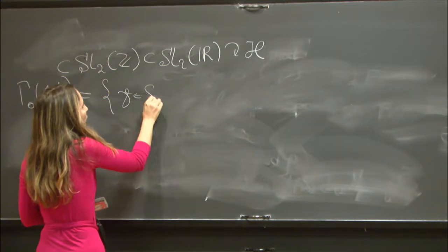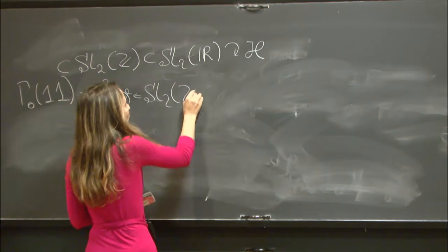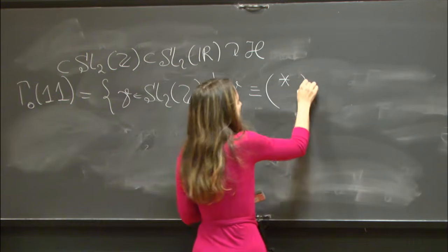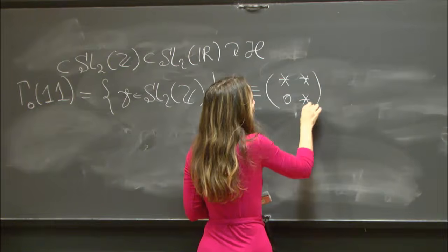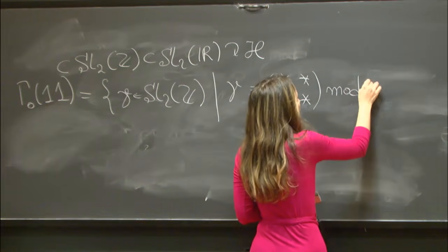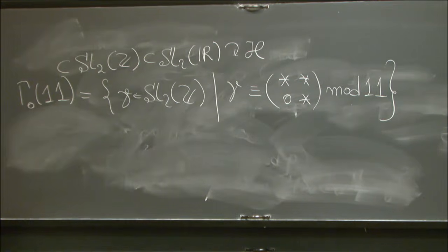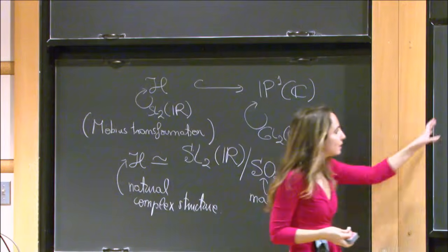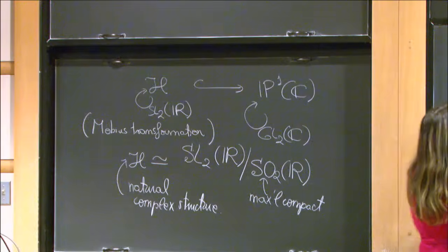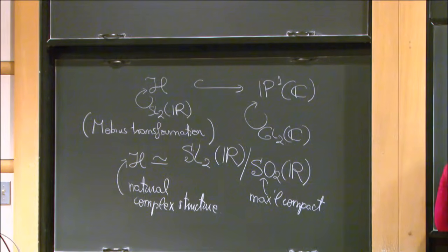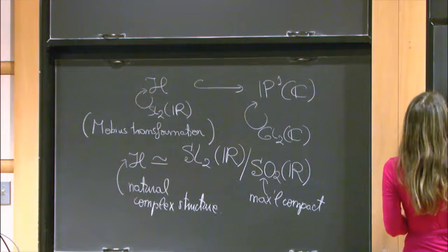It's a subgroup of matrices in SL2Z which are congruent to upper triangular matrices modulo 11. It turns out that the particular modular form that I wrote down has symmetry specifically under this subgroup. In general, you could have lots of other congruence subgroups inside SL2Z. But for this particular one, we're going to work with gamma 0, 11.